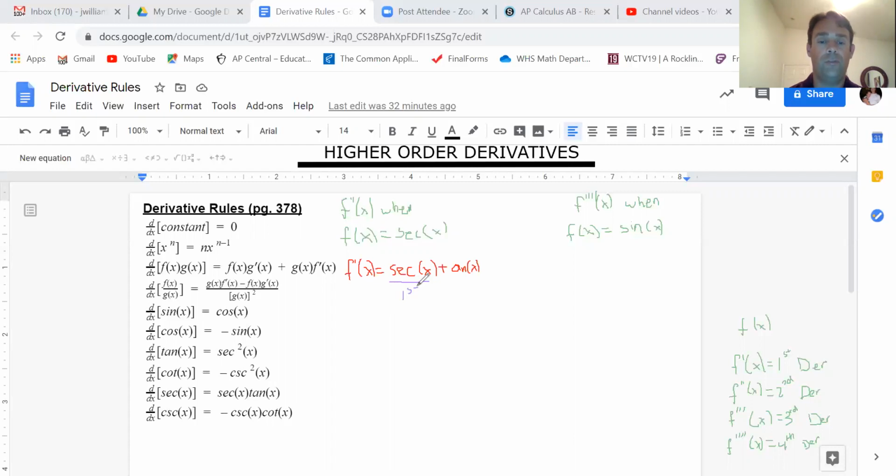I got a first function, we'd call that f of x, if I wasn't already using f of x. And the second function, we can call that g of x. So I got a product rule now to come up with my next one. It's not optimal, but not anything we can't handle.